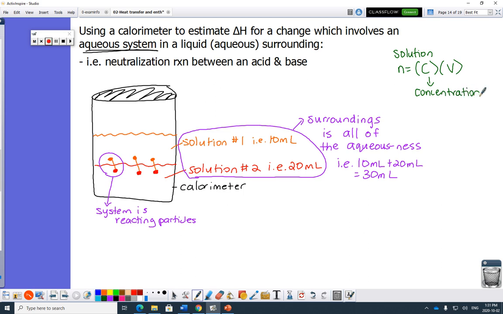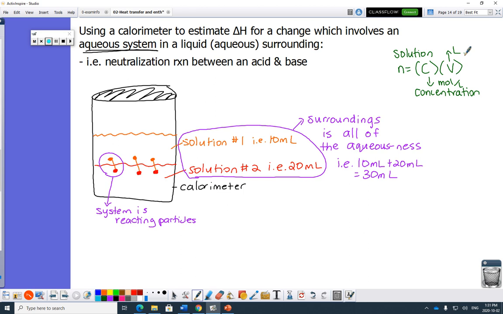An unfortunate idiosyncrasy of the English language: big C and little c look very similar. So this big C is concentration, or moles per liter, which means that volume has to be in liters. Okay, that's one way. Usually the volume is not given in liters.